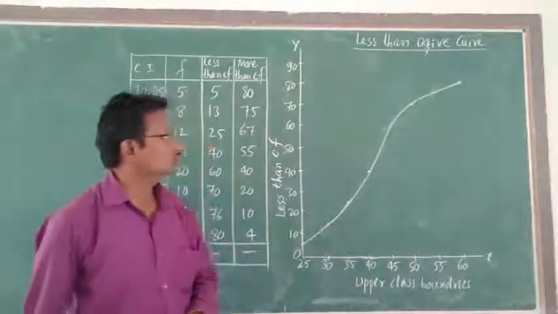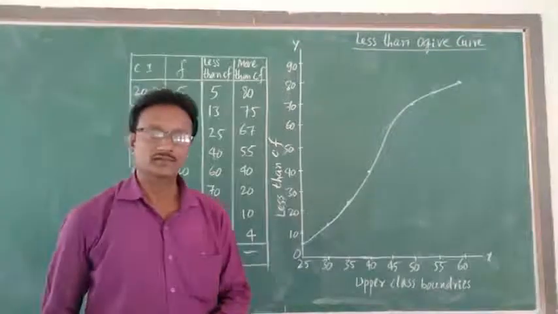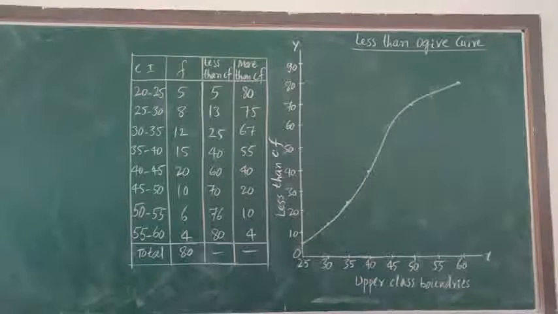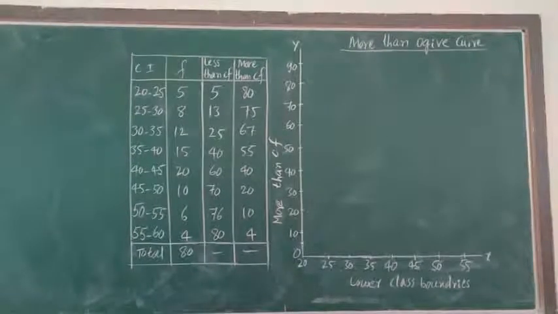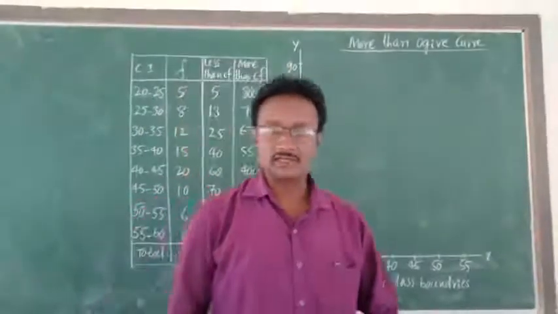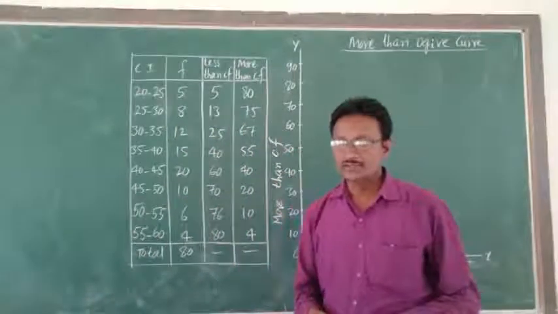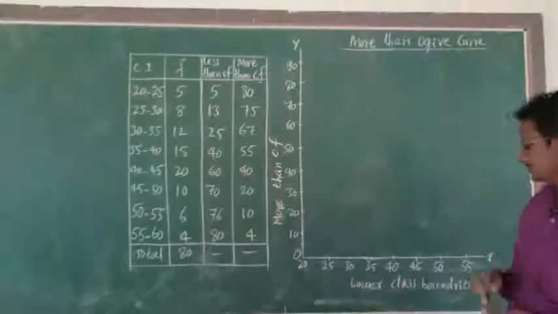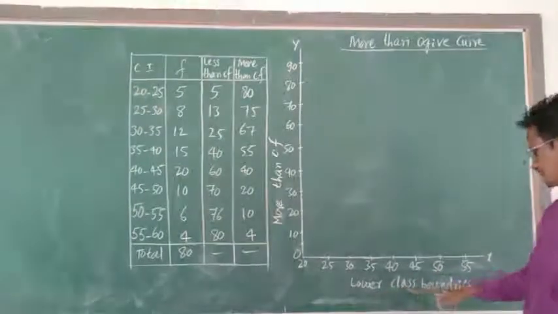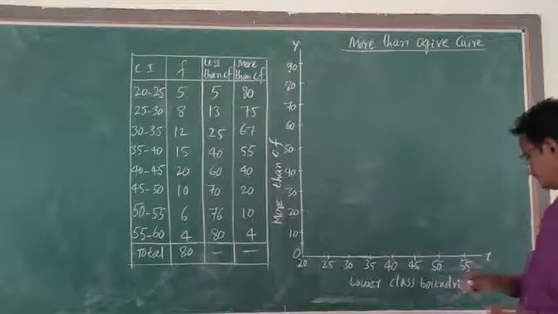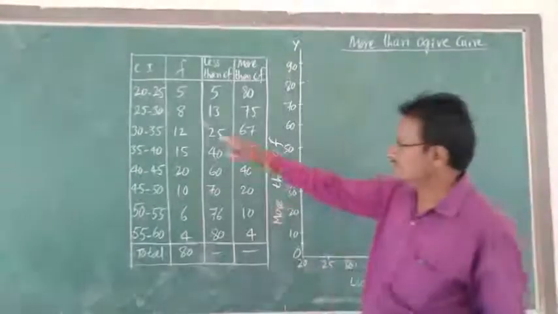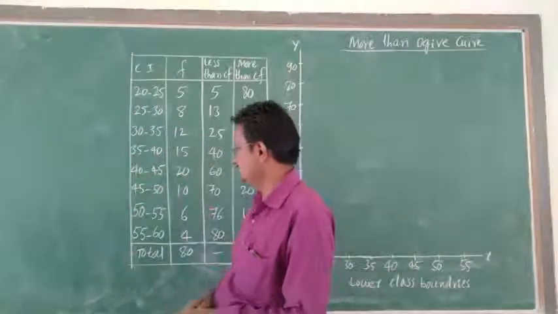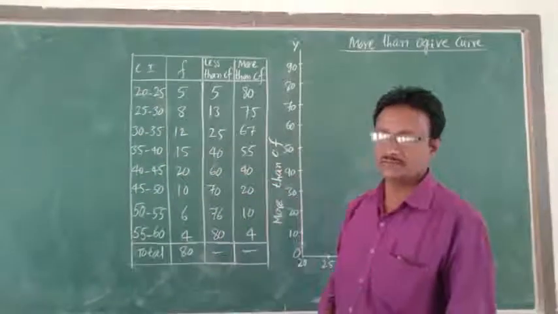Next we have to draw more than ogive curve. For construction of more than ogive curve, take lower class boundaries on x-axis. So here 20, 25, 30, these are the lower class boundaries.